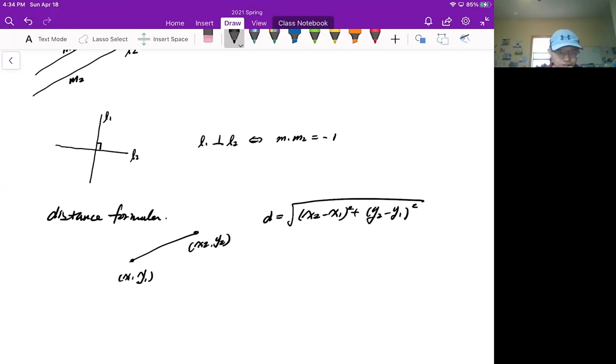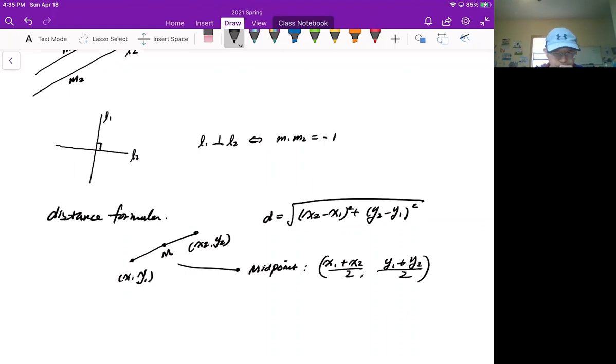So that is the distance formula. And then there's another related problem, the midpoint formula. The midpoint is ((x1 plus x2) over 2, (y1 plus y2) over 2). All right, so these are the formulas I think we can cover right now.